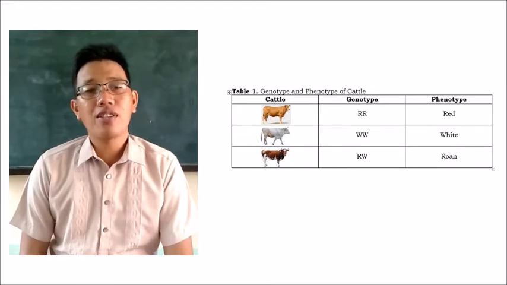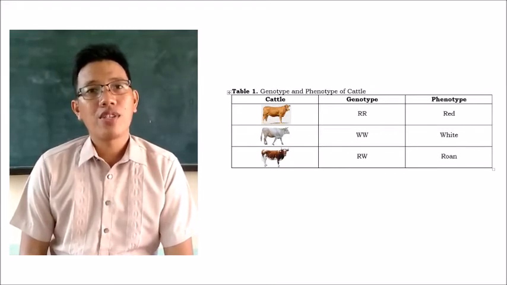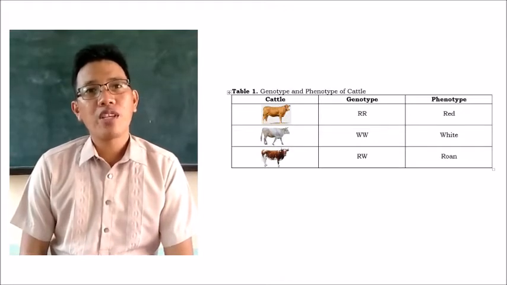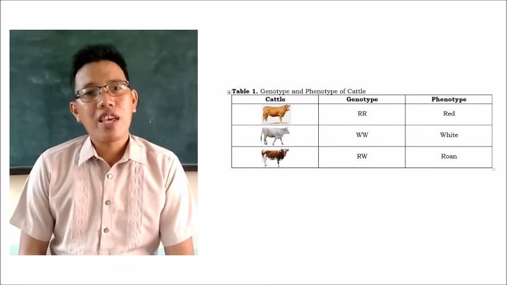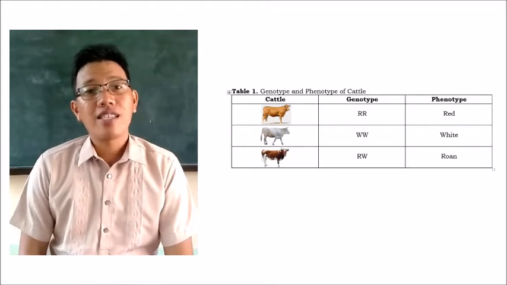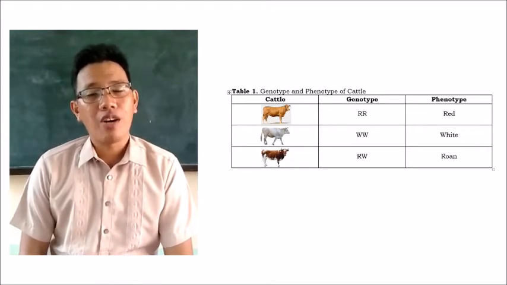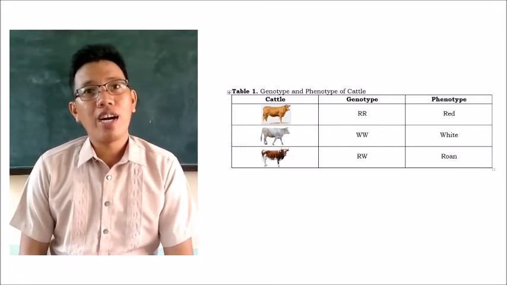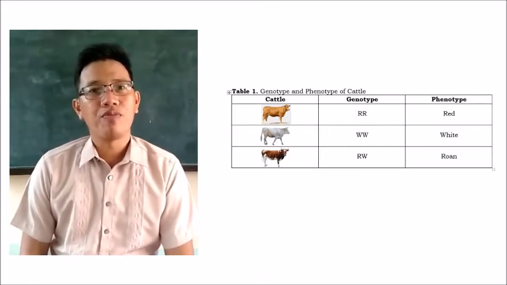The letters are the same, so they are homozygous. Now let us look into the heterozygous, which is RW. You will notice that there is a mixture of red blotches and white fur on the cow, and that is now the roan cow or roan bull. So the genotype is RW and the phenotype is roan.